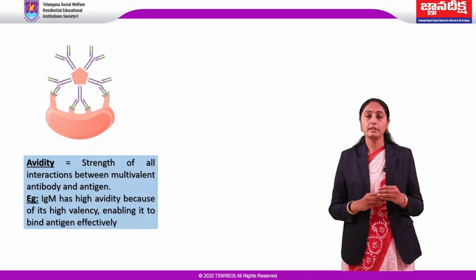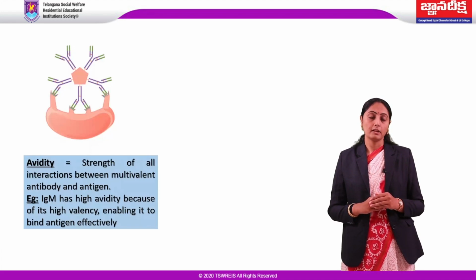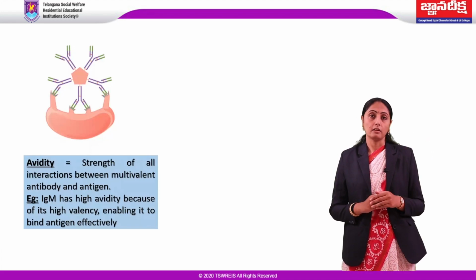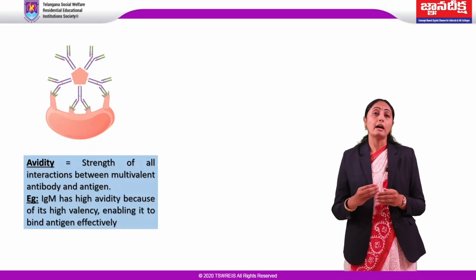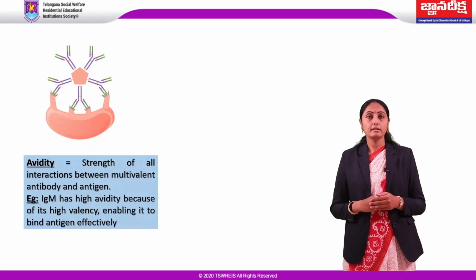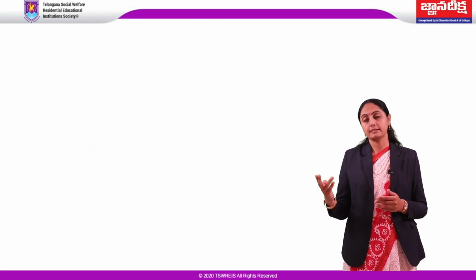Since immunoglobulin M exists as a pentamer, it has high avidity. However, immunoglobulin G is known for its high affinity. To understand this concept, let's consider an example.